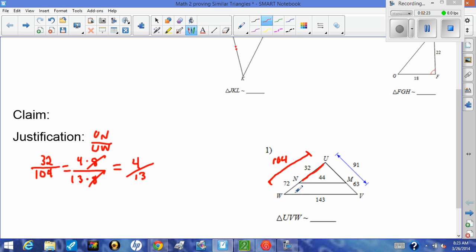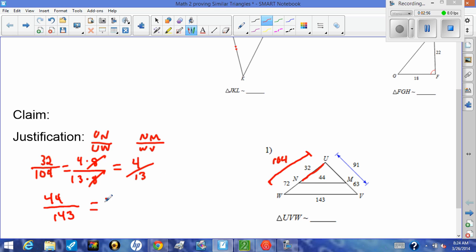Now we need to prove the other sides have the same common ratio. So let's pick another side. Let's look at side NM, and its corresponding side would be WV. Okay, so NM is 44 over 143. Now we got a bigger number, but it's okay because we know the common ratio.